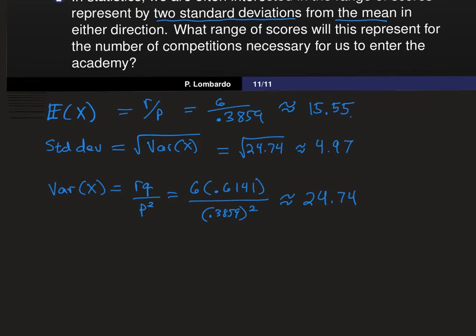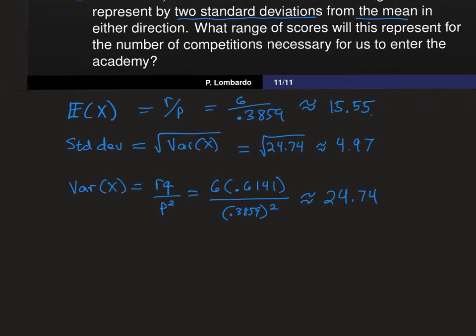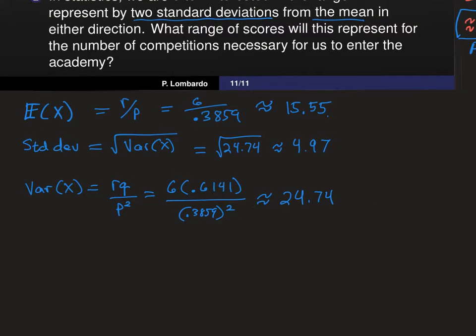So what we want to do is look at the range of scores that represent the number of competitions necessary for us to enter the academy. Specifically, the usual range of scores is 2 standard deviations from the mean. If our mean is 15.5, on the lower end we would expect 15.55 minus 2 times 4.97, which gives us about 5.6.